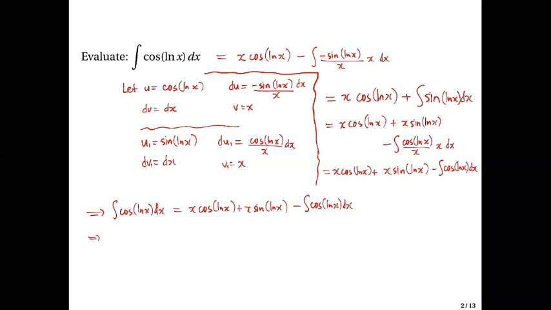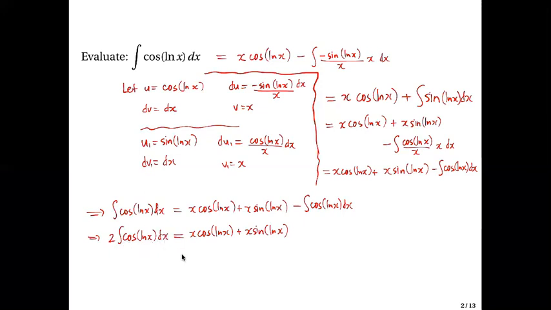So we will end up with 2 times the integral of cosine of ln of x dx equal to x cosine of ln of x plus x sine of ln of x. And then we just need this integral here, so we divide everything by 2.